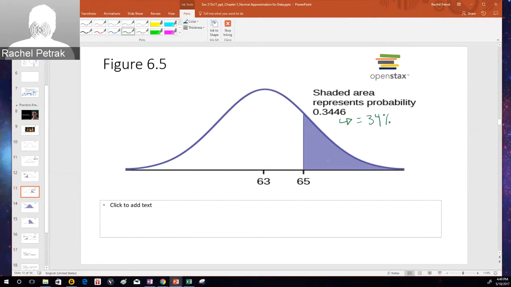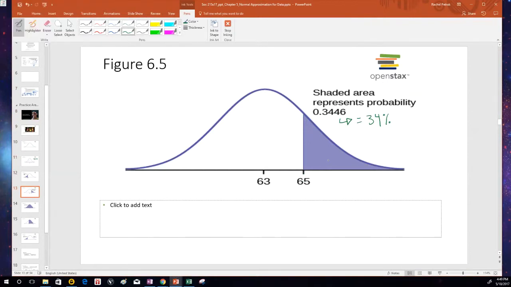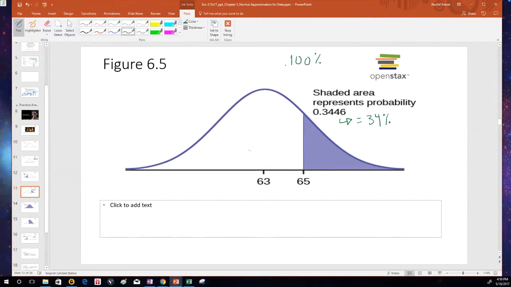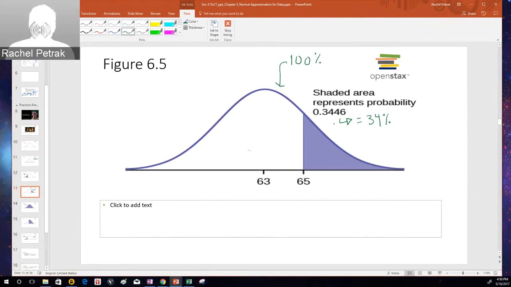I'm talking to you, Peanut Gallery. Remember that this distribution represents 100%, the area under here is 100%, the whole distribution. And so if we want to know, thank you, it's 66.